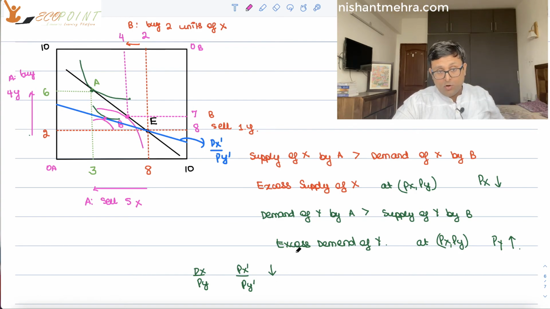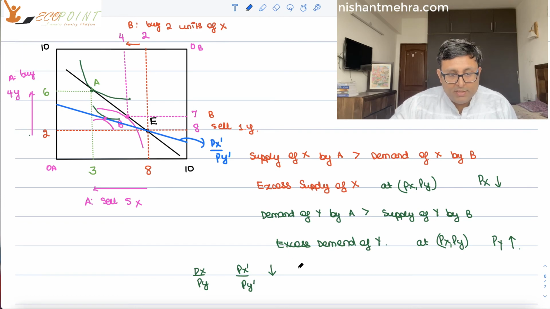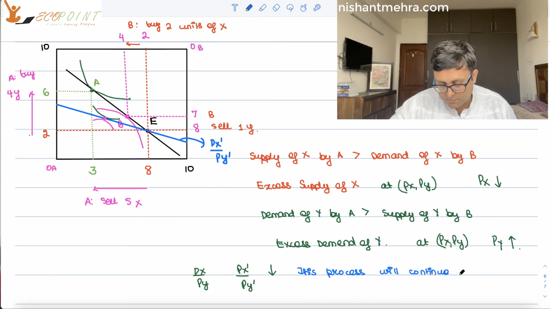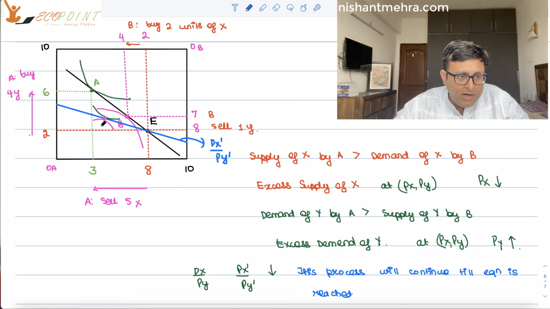And this process of change in the price, the way you have written it for Px dash, Py dash, this process will continue till equilibrium is reached, right? And when do you say equilibrium is reached?